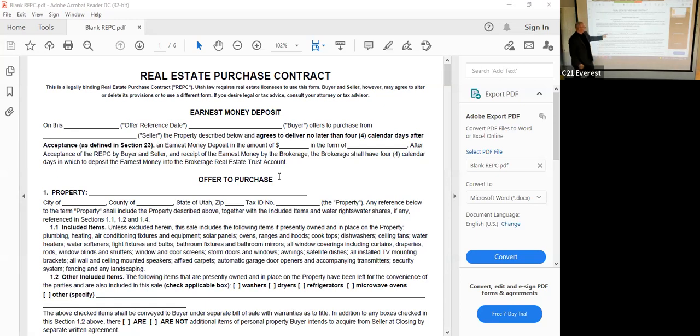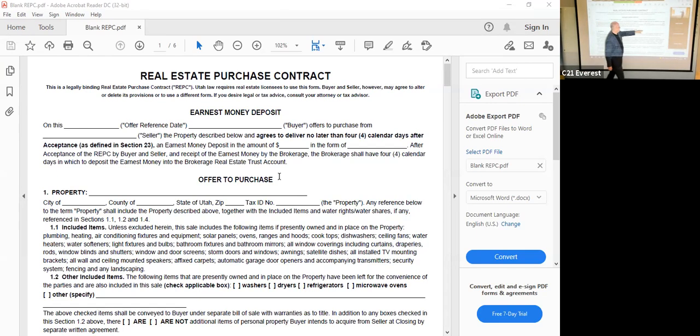Okay. So if they bring the earnest money in on Thursday, that first timeline has now stopped. Remember, the first part says it agrees to deliver no later than 4 calendar days. Well, they did it after 1 calendar day. So once that first condition has been met, we now jump to the second condition, which is talking about after the earnest money has been received and the contract is accepted.